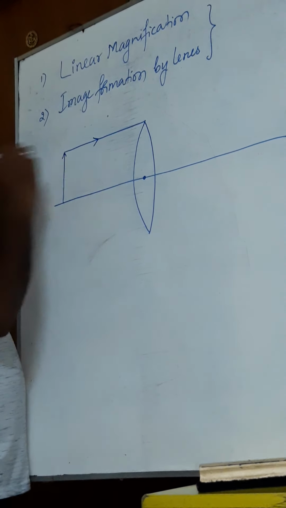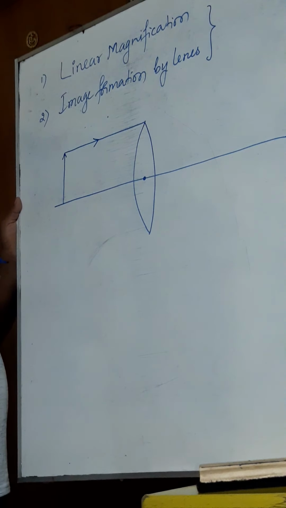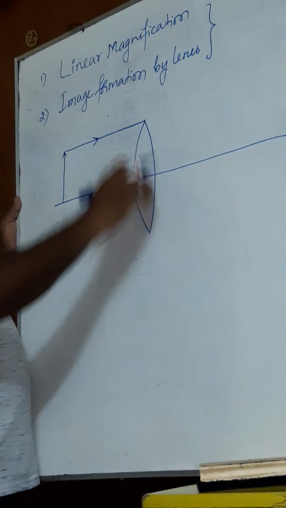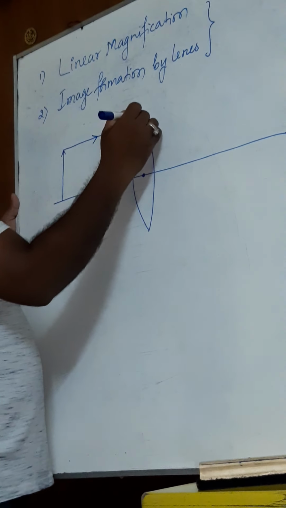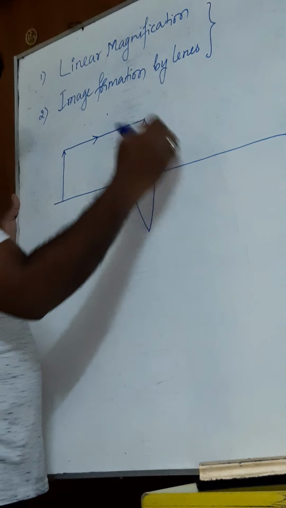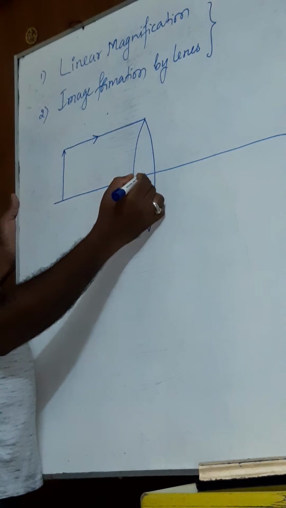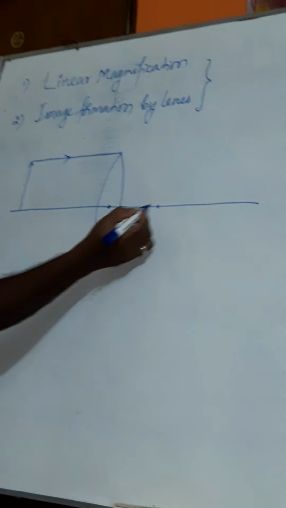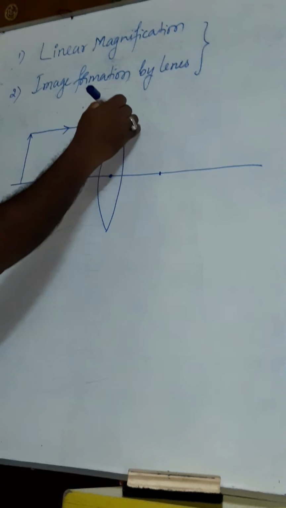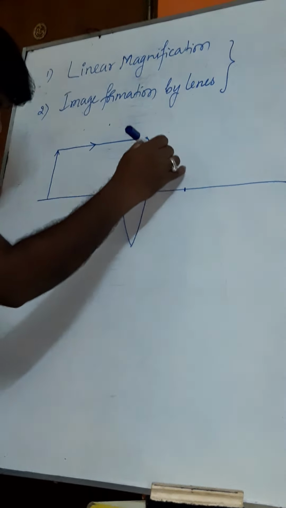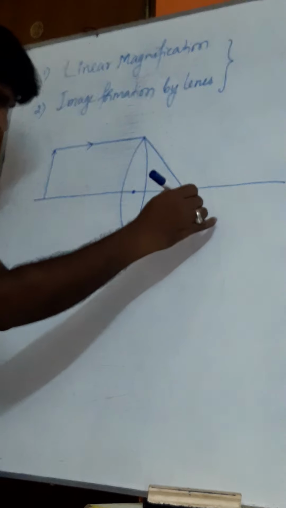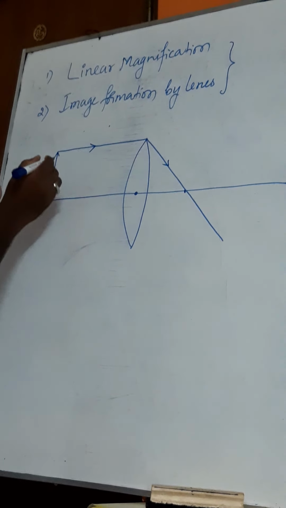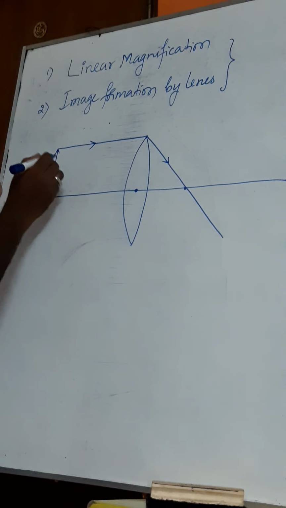Now say it is an incident ray. What happens here? It will converge because it is a convex lens, a converging lens. It will converge exactly to the principal focus. So let us mark this as the principal focus. If the light converges through the principal focus, this is considered the refracted ray. Now another ray directly passes through the optic center.